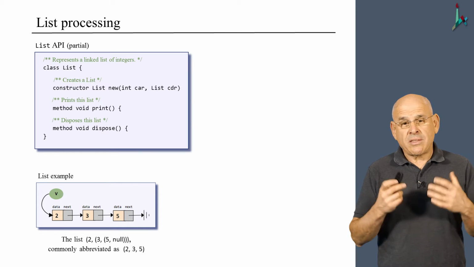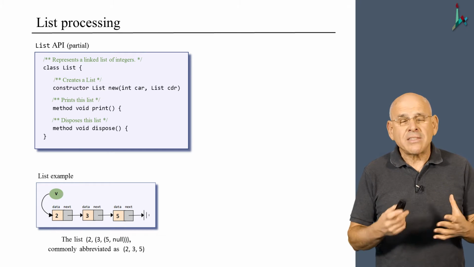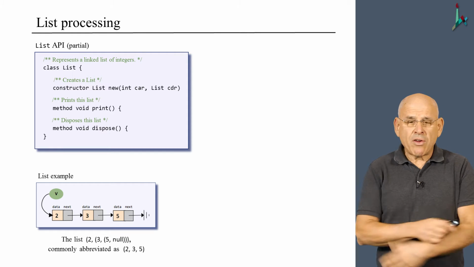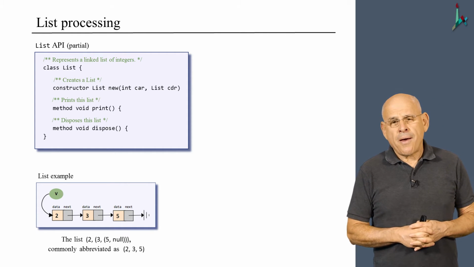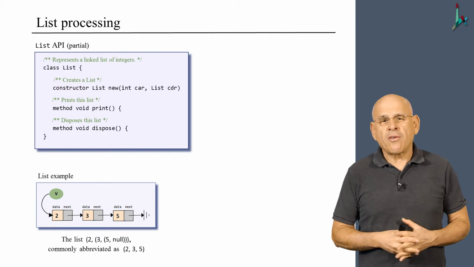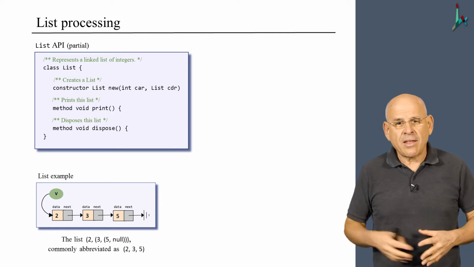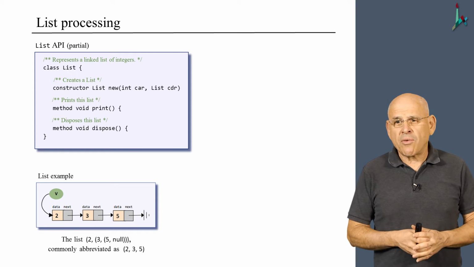And here is an abstraction, or an API, of a class designed to manipulate lists. So we see that we have a constructor for creating the list. And we use the terms car and cdr for historical reasons to describe the atom and the tail of the list, which is a list in its own right.